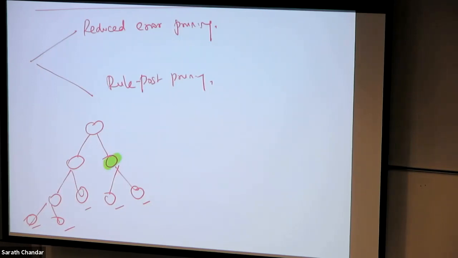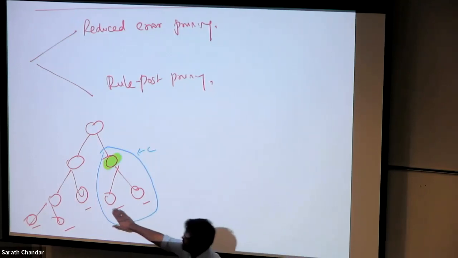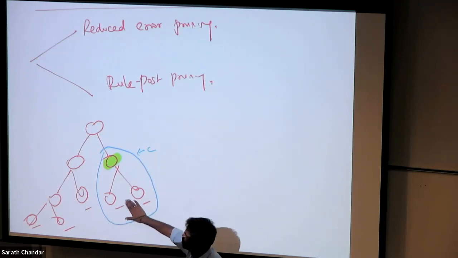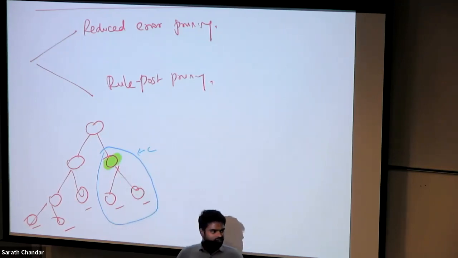When I'm removing this node, it means I'm actually removing the whole thing and putting a class here, like it could be the majority class. So instead of having two possible decisions initially, I'm going to merge these two decisions into one node.